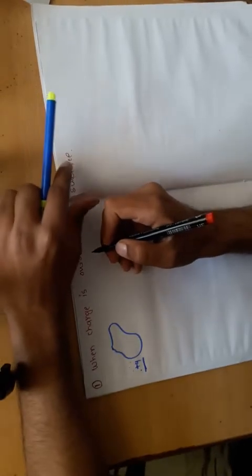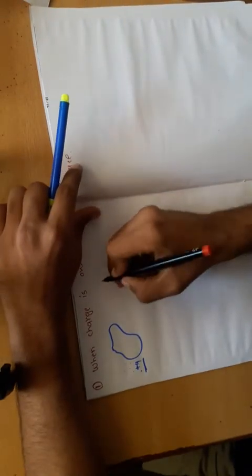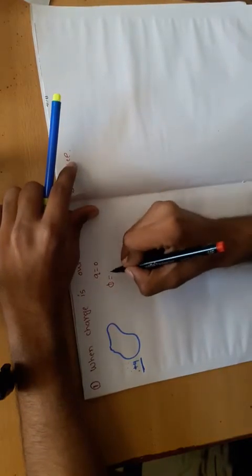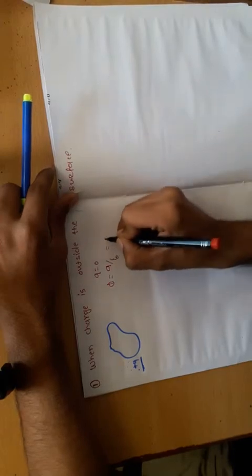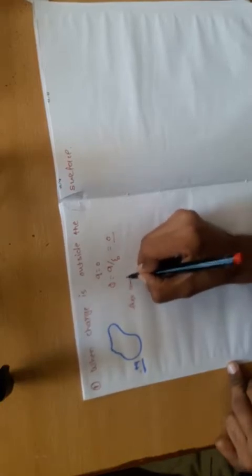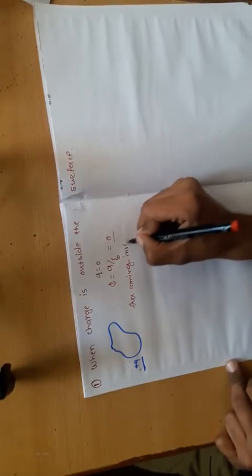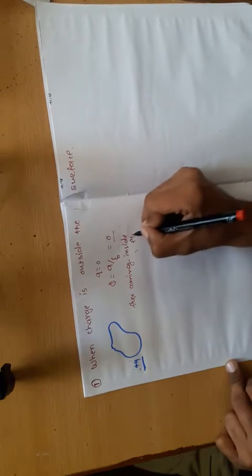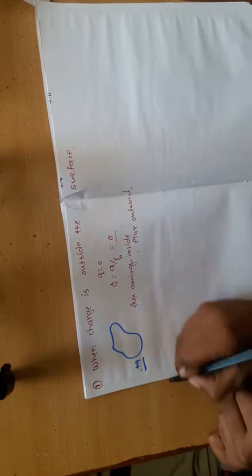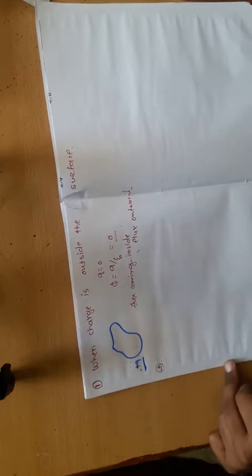It means the total charge enclosed by the surface is Q equal to 0, and so Q by epsilon naught is also 0. So here the flux coming inside will be equal to the flux going outward. So it was the first case from this equation. Now we will see the second case.